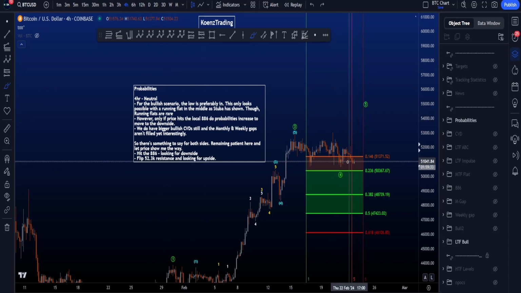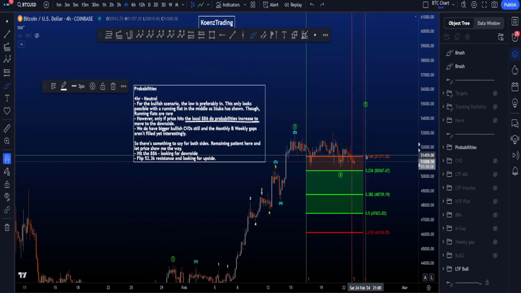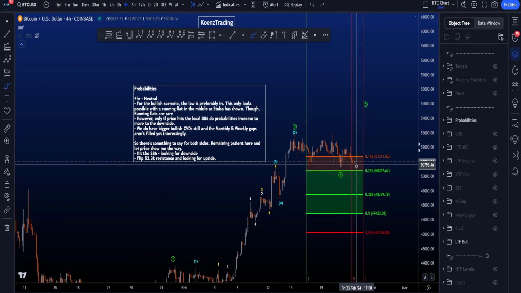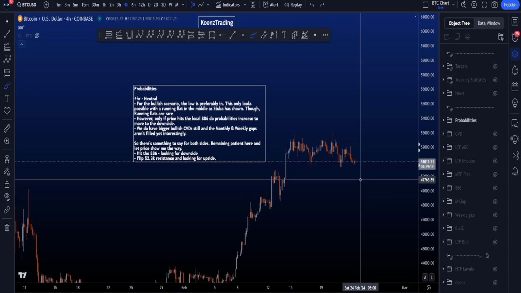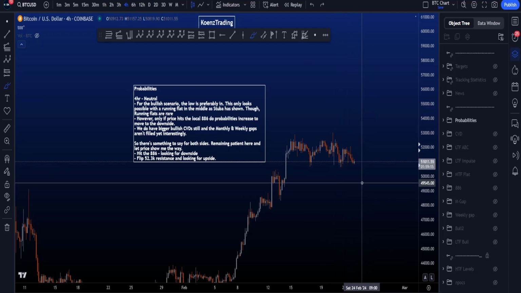However, only if price hits the local 886 do the probabilities increase for a move to the downside, as locally we are then looking for a wave 1, 2, and then an impulsive wave 3, and the 886 is a rare target for a wave 2. We do not want to hit that 886 locally if you're looking for a move to the upside.